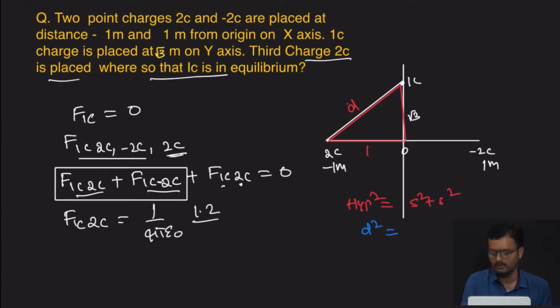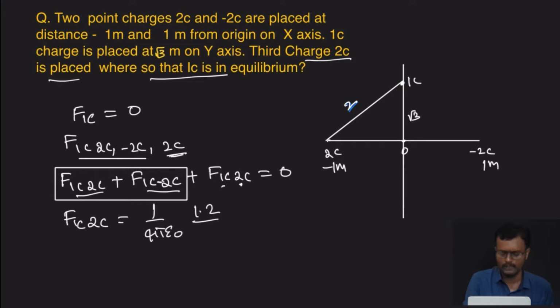So d squared is equal to 1 squared plus root 3 whole squared. Root 3 whole squared is 3, 1 squared is 1. So d squared is equal to 4, d is equal to 2.